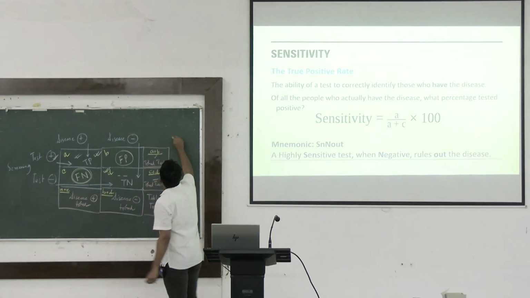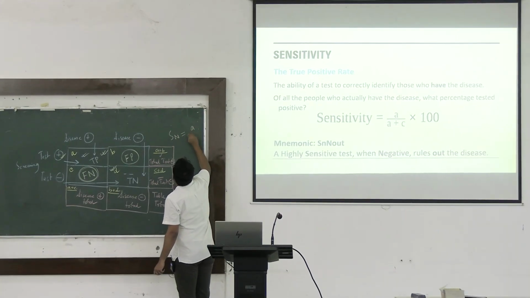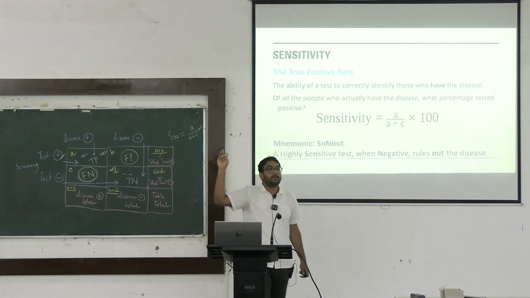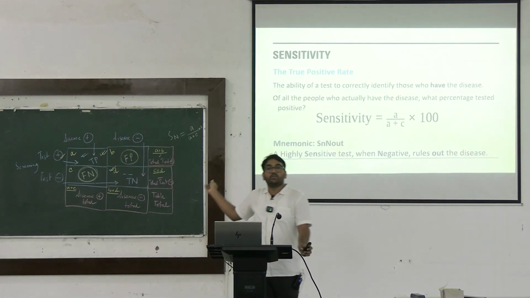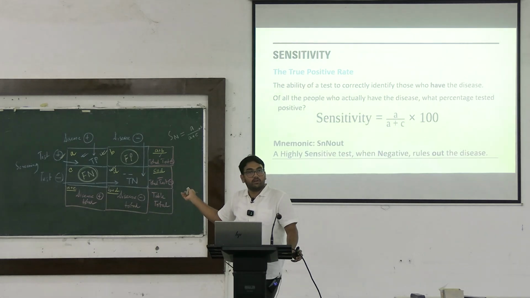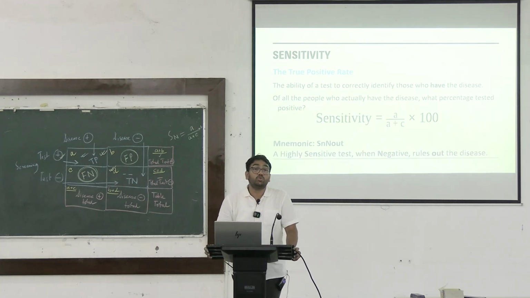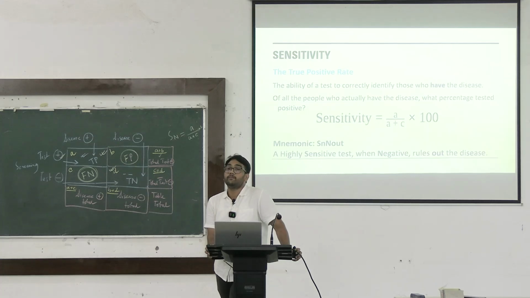If sensitivity is equal to A by A plus C into 100%, then sensitivity will be close to 100 if C tends to 0, that means not a single person who has the disease is given a negative result by the test, isn't it? So a sensitive test is able to rule out the disease when it is negative. Clear?